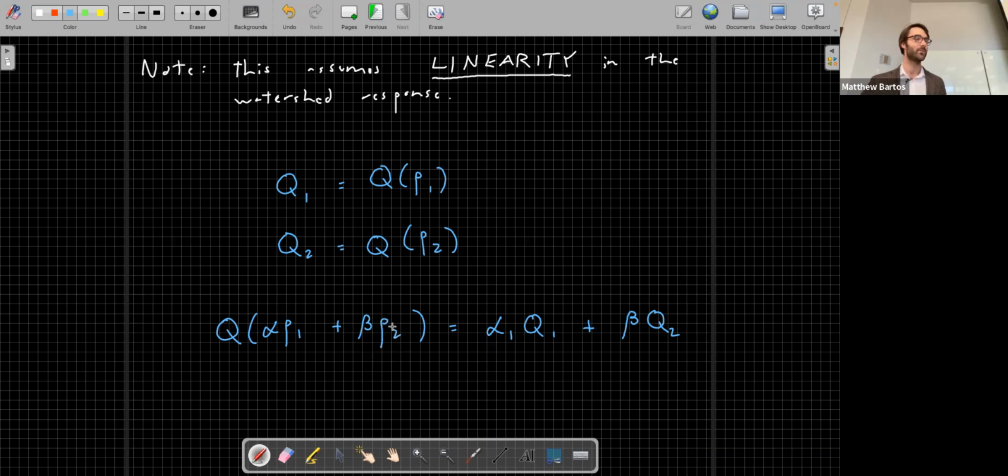So it's a linear function. If P1 produces discharge Q1 and P2 produces discharge Q2, then if we compute the function that gives us our discharge for alpha P1 plus beta P2, it'll simply be equal to alpha Q1 plus beta Q2.